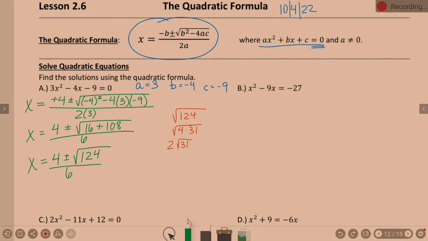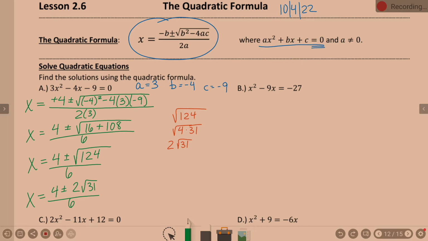So when I keep writing here, this is 4 plus or minus 2 times the square root of 31, all divided by 6. And if you put this answer in, again, they're going to tell you wrong. It's equivalent, but not simplified.